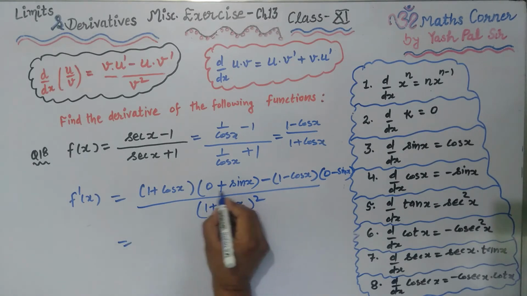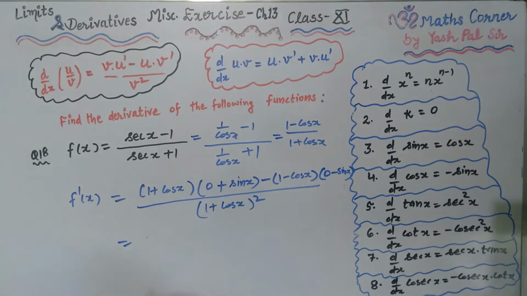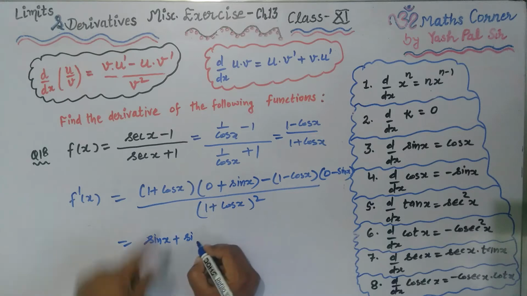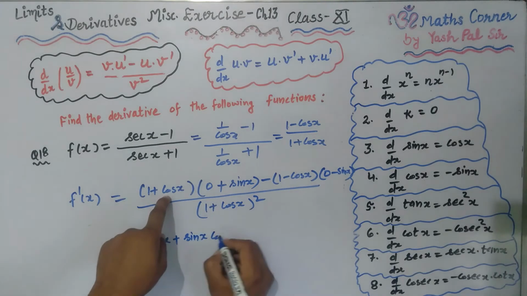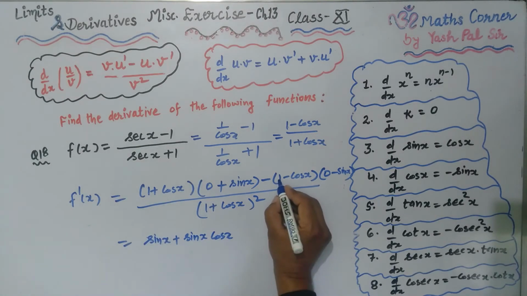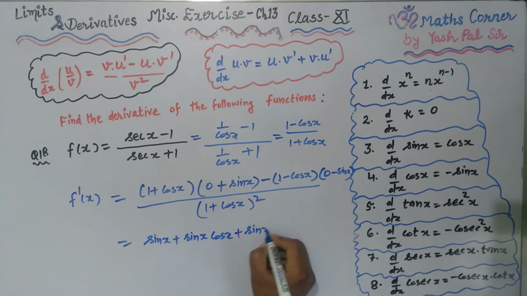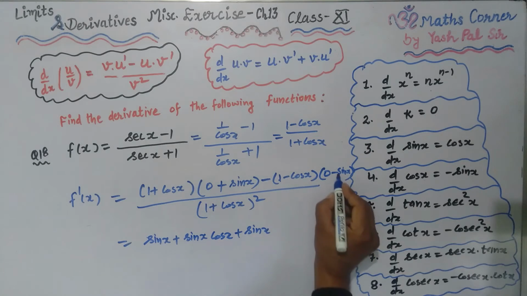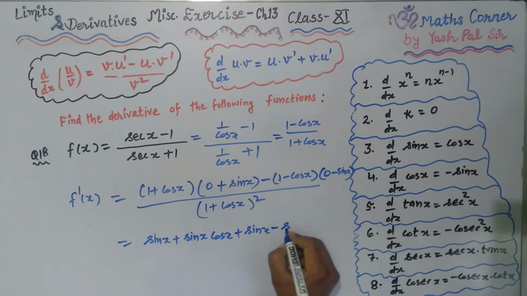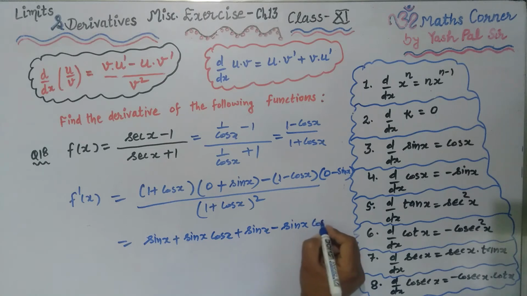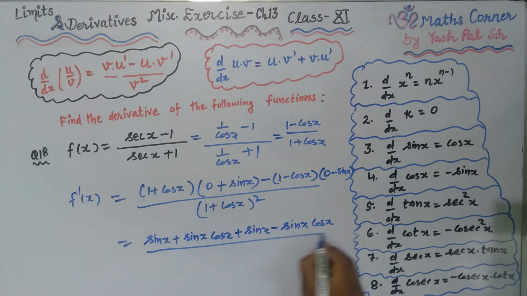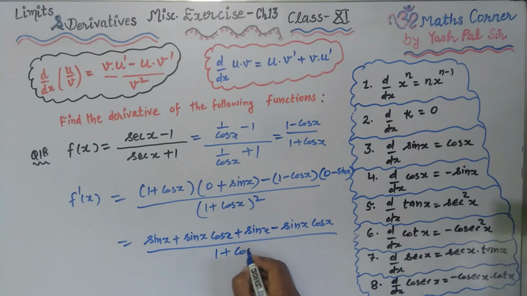So we write now (1 plus cos x) into sin x, which becomes sin x plus sin x into cos x. Next is minus 1 into minus sin x, which becomes plus sin x. Minus minus plus, again minus, so this is minus sin x into cos x, whole divided by (1 plus cos x) whole square, right?